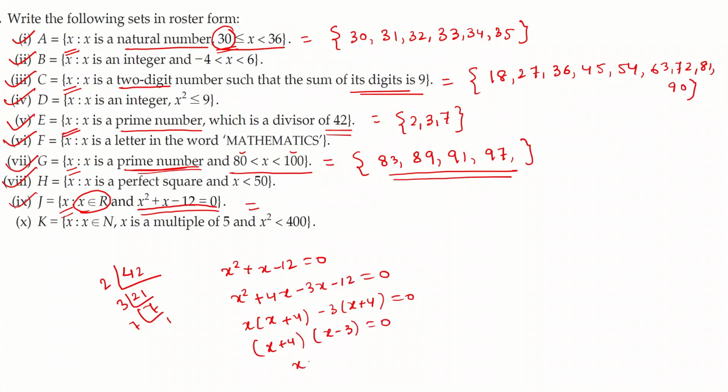So x is either equal to minus 4 or x is equal to 3. These are the two numbers which satisfy this equation, and of course they belong to real numbers. So our set will be {-4, 3}. That's it. I leave question number 10 for you as an exercise.